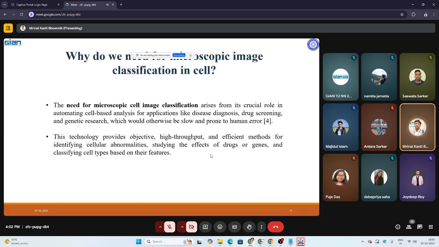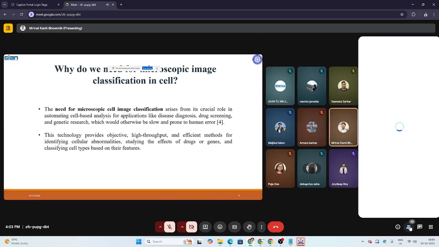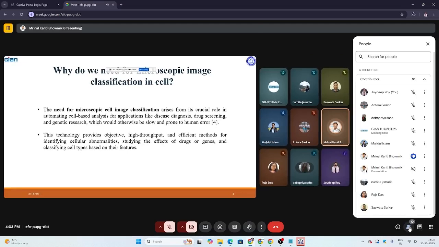Generally, microscopic image classification plays a vital role in biomedical research and allows models to automatically analyze several cells, textures and patterns. Traditionally, this process is done under a microscope.